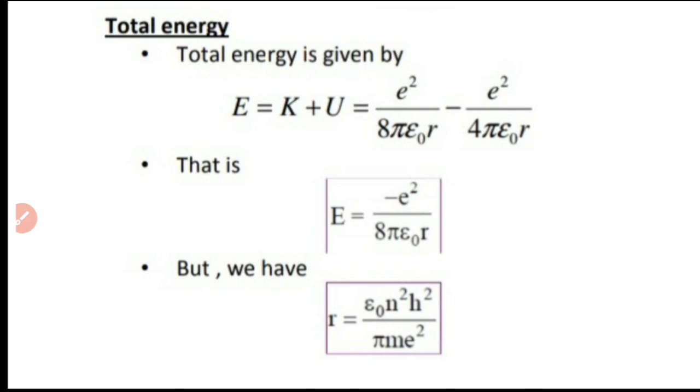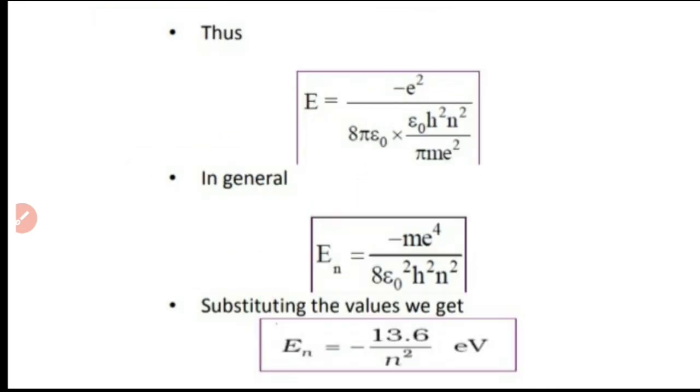And you know, r is equal to epsilon 0 n square h square by pi m e square. So substituting the value of r, we get E as minus e square divided by 8 pi epsilon 0 into epsilon 0 n square h square by pi m e square.